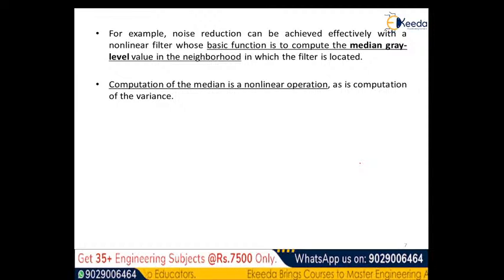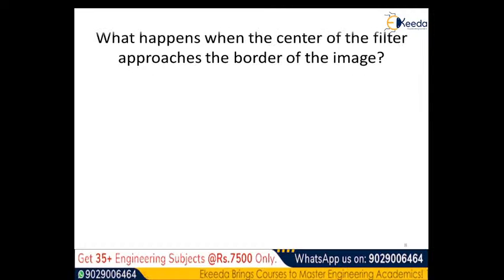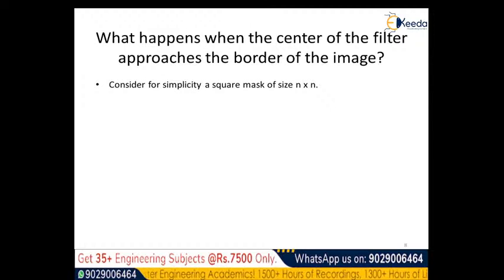Hence the simple question that comes to everyone's mind is: what happens when the center of the filter approaches the border of the image? For example, consider a square mask of general dimension n by n. At least one edge of such a mask will have to coincide with the border.